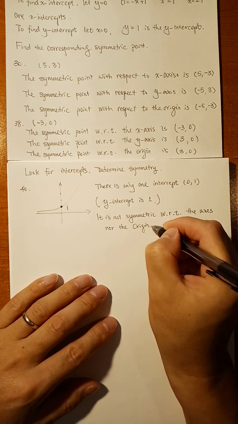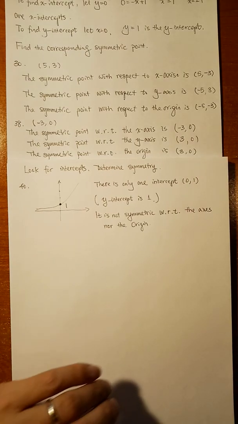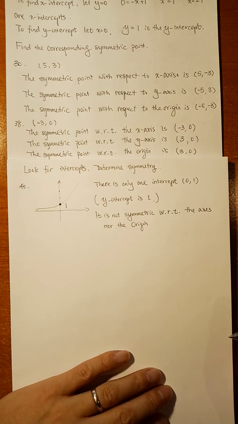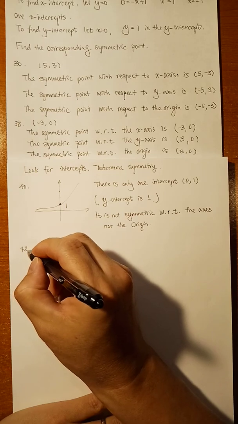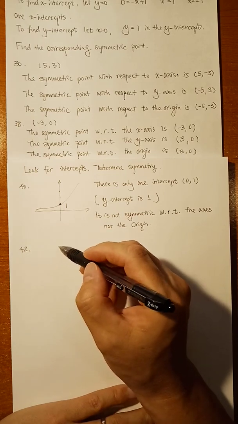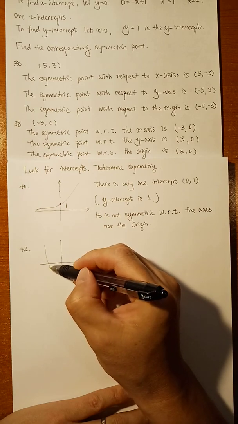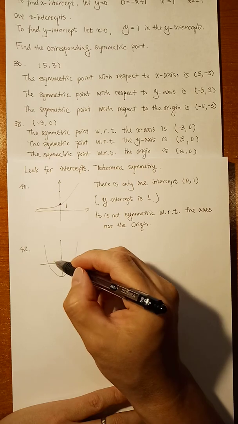So it has no symmetry at all. Okay? So this is 40. If you check 42, 42 looks like this. Well, assume it's very symmetric.